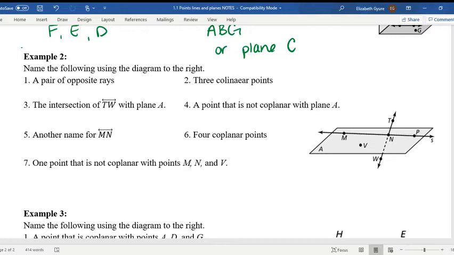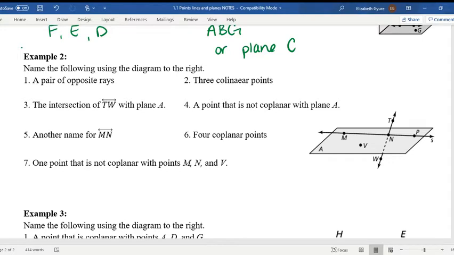So number 1 says to name a pair of opposite rays. There are 2 options that we could name here. Remember, opposite rays have to start at the same place and then extend in opposite directions. So if one goes up, one goes down. If one goes left, one goes right.